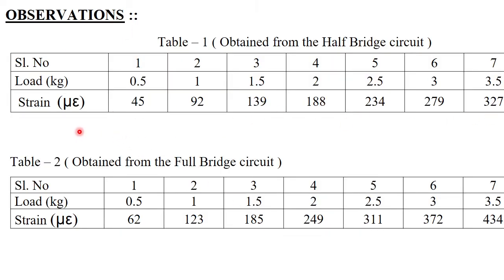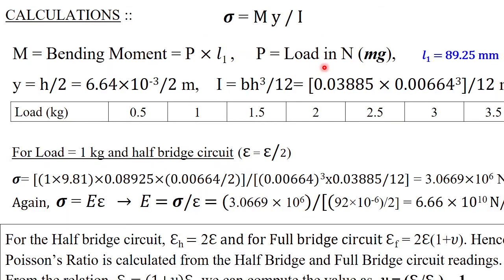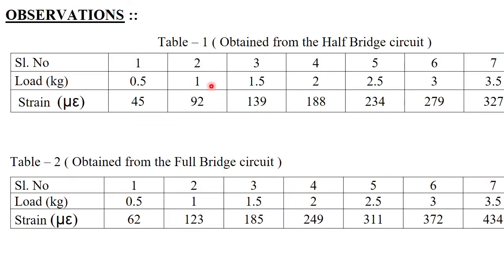Is that clear? Now what will happen if there is a particular load, say corresponding to 2 kg, we have a sample calculation here. The sample calculation is for how much load? Bending moment, P is some load, for load 1 kg. So for this particular load we have calculated the induced bending moment.